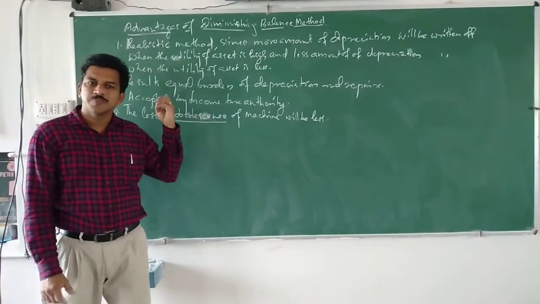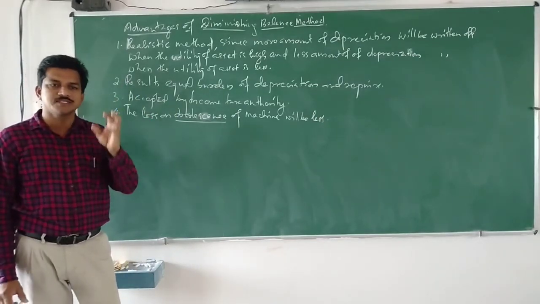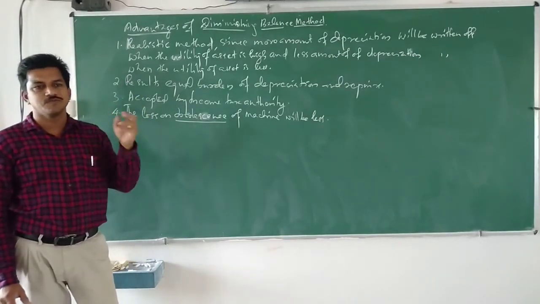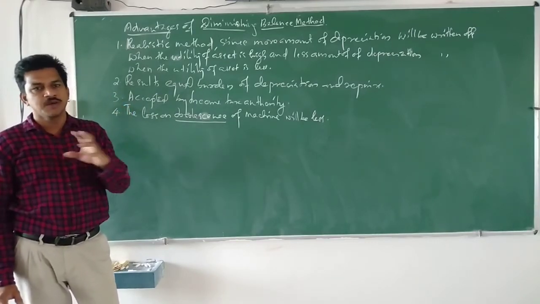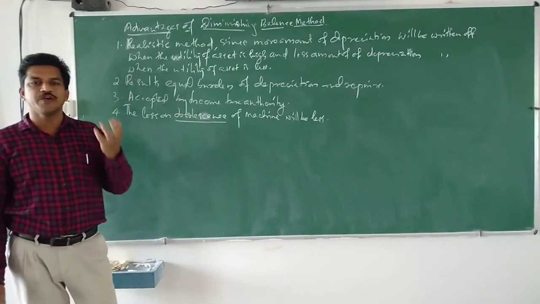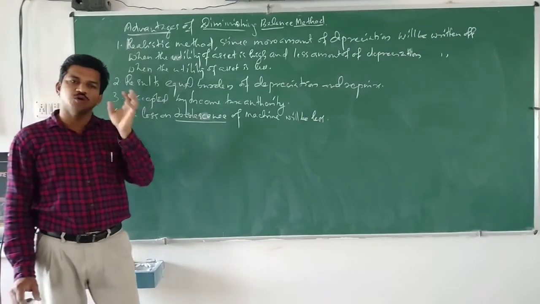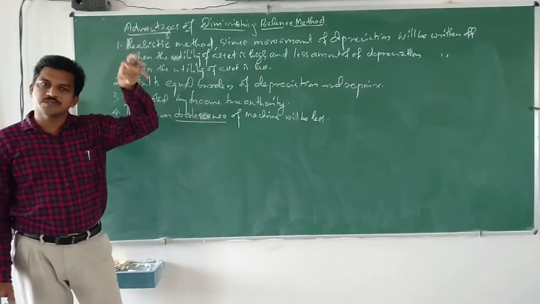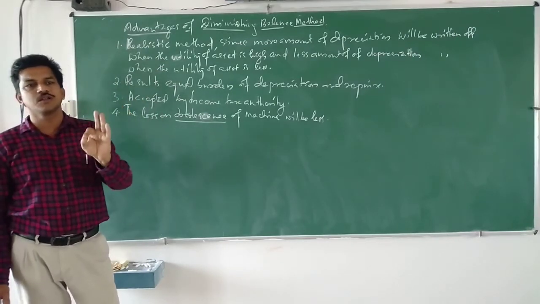Obsolescence is the chance of becoming outdated. That means when an asset is outdated or of no use for working because of technological changes. Some assets may become outdated. That is called obsolescence. So when an asset becomes obsolete, the value which the asset has is our loss.